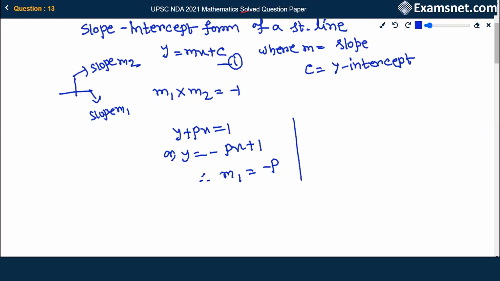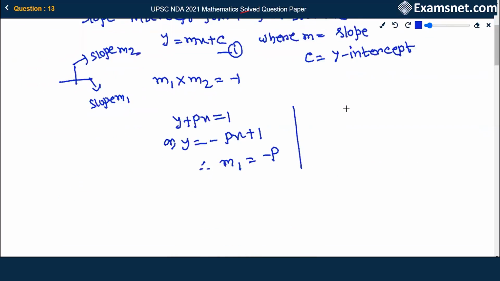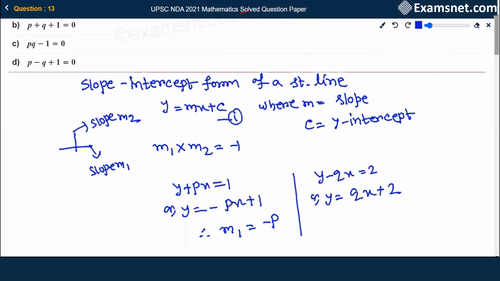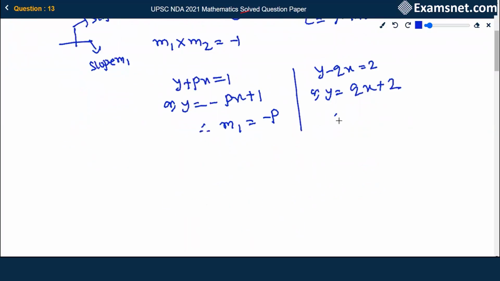Now write another equation, that is y minus qx equals to 2, correct? So it becomes y equals to qx plus 2. Comparing the same equation with the general slope intercept form, let's say m2 is the slope of that line, m2 equals to q.